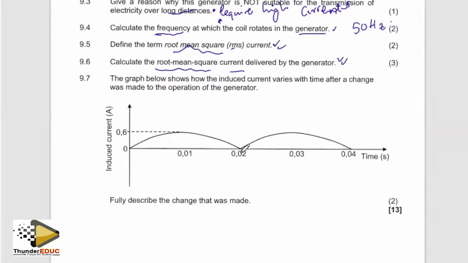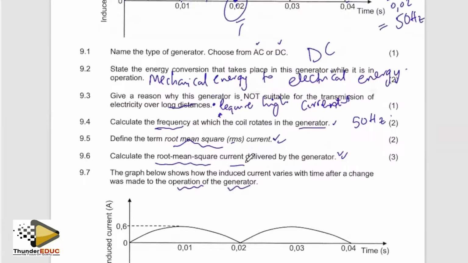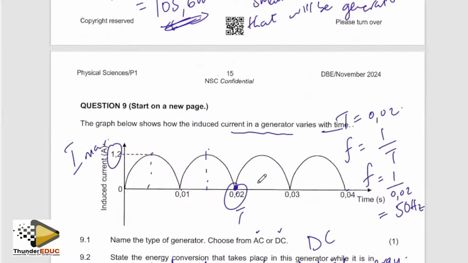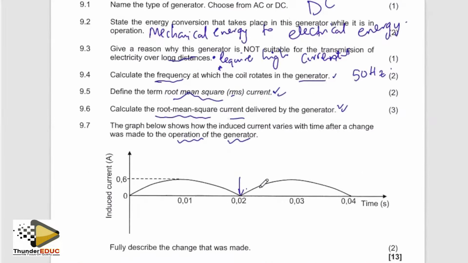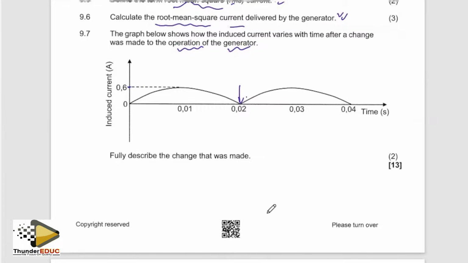Then 9.7, the graph below shows how the induced current varies with time after some changes were made to the operation. Now we can see that we're getting half a cycle after 0,02, and so on and so forth, which means the period is increasing, and we can also see that the induced current has decreased. They're telling us to fully describe the change that was made.